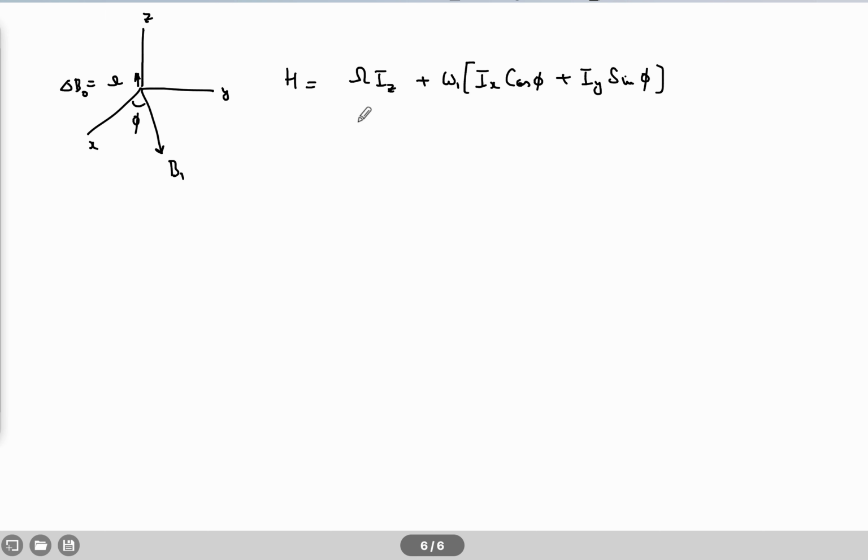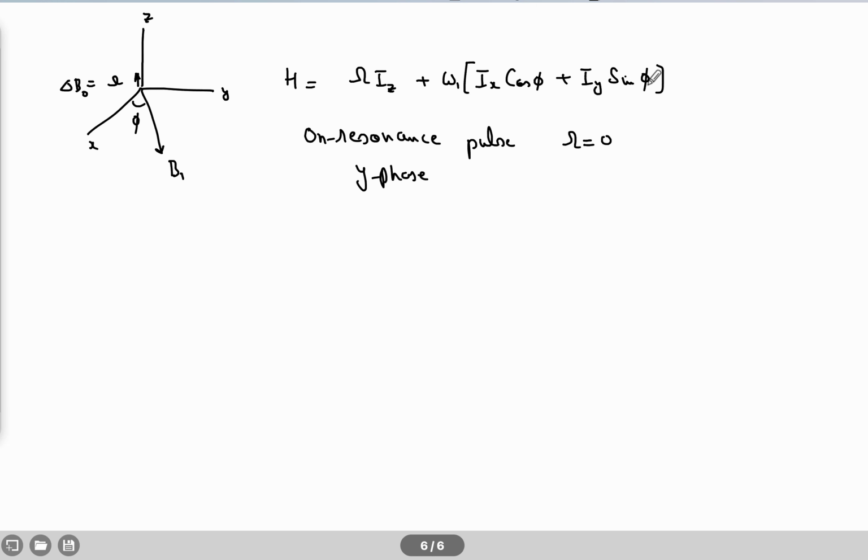Okay, so let us say for example, if we want to have the Hamiltonian for an on resonance pulse with, let's say, Y phase. Okay, so in that case omega will be 0, and for Y phase, so that means B1 has to be applied along the Y axis as in here, then phi has to be 90 degree, right?